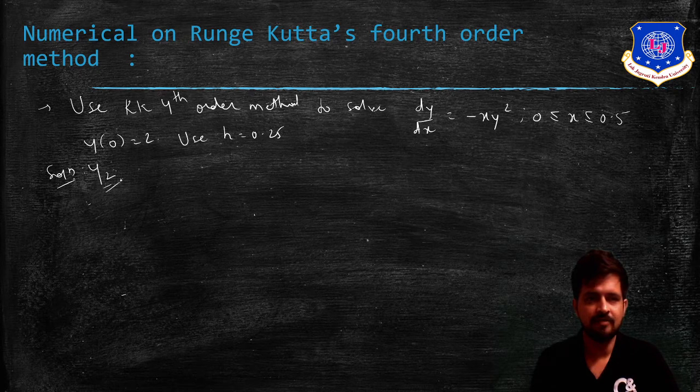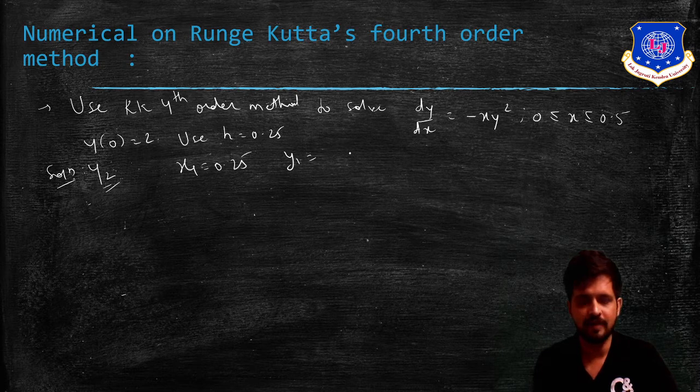To find y2, we will be having the values of x1 and y1. x1 is 0.25 and y1 we have obtained, that is 1.8823.